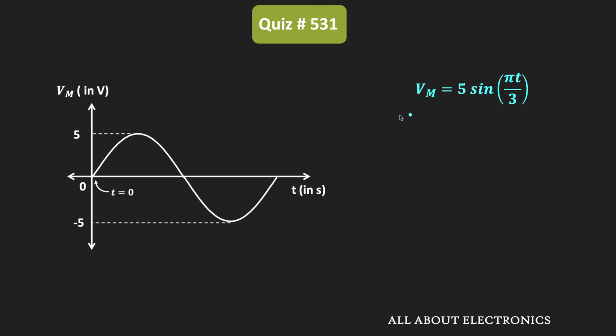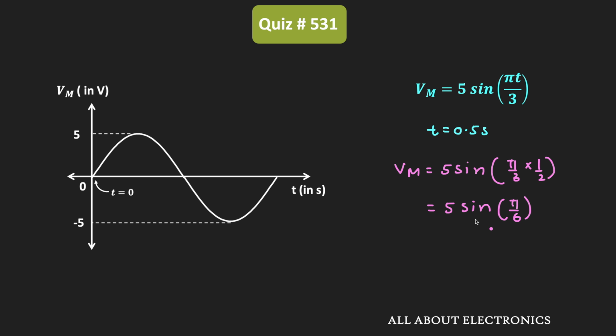Let's see the value of the signal at t equal to 0.5 second. If we put t as 1/2, then Vm will be equal to 5 sin(π/3 × 1/2), that is equal to 5 sin(π/6).